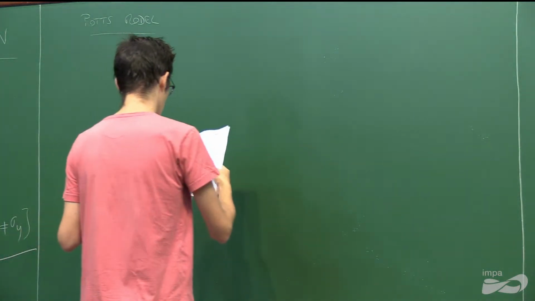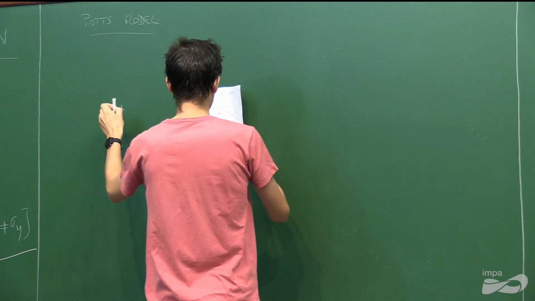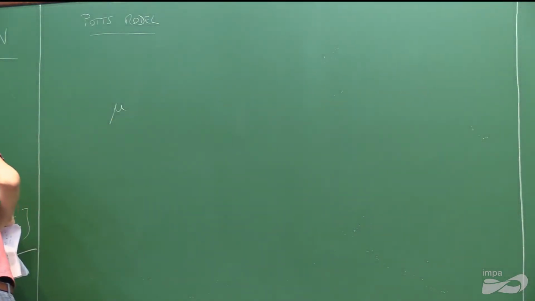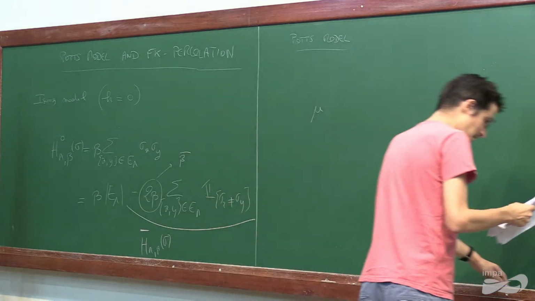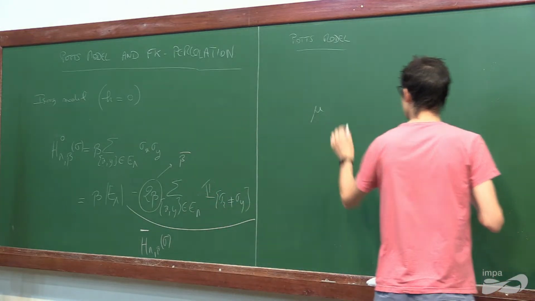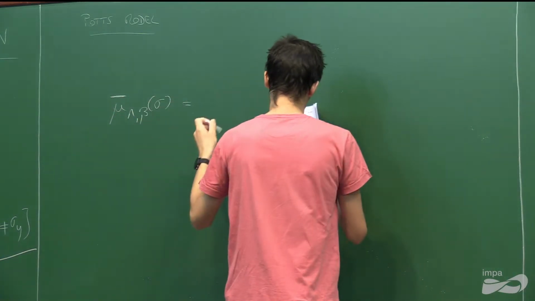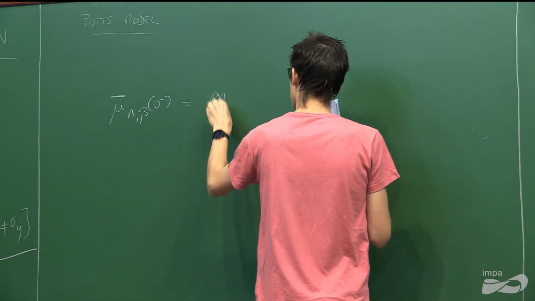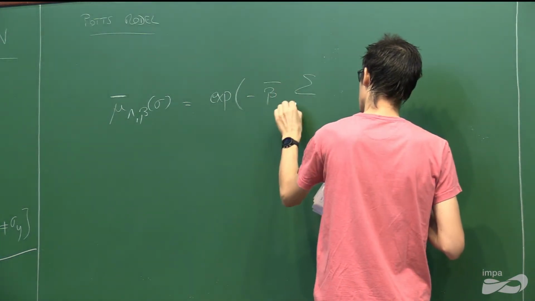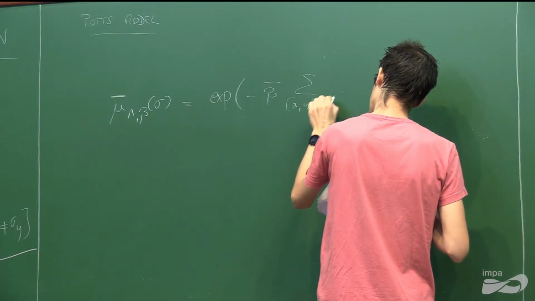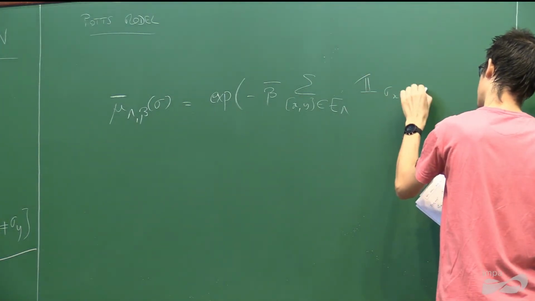we just define a measure mu. I will just call this thing beta bar, just to avoid having a 2 everywhere. And I will just define mu lambda beta sigma, which is equal to exponential of minus beta bar times the sum over xy in E lambda of the indicator that sigma x is different from sigma y.